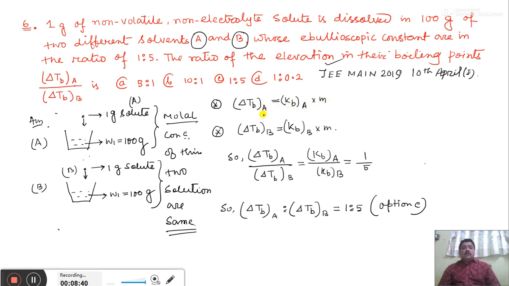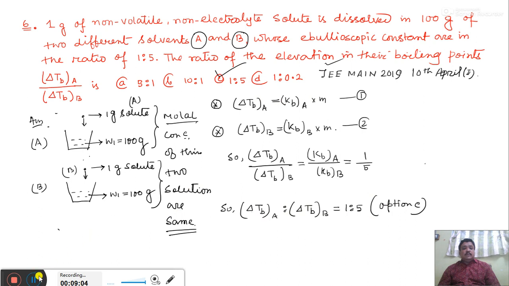For solvent A, we get equation 1, and for solvent B, equation 2. By dividing 1 by 2, we get 1 by 5. So ΔTb of A to ΔTb of B is 1:5. So option C is the correct one.